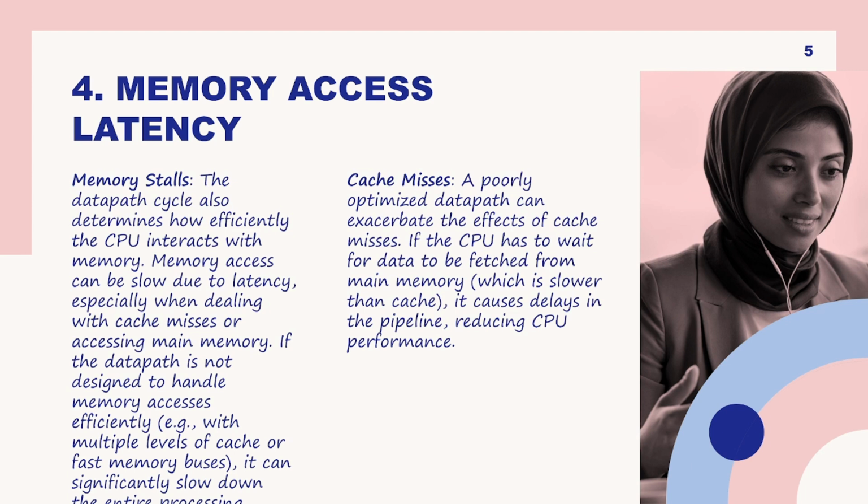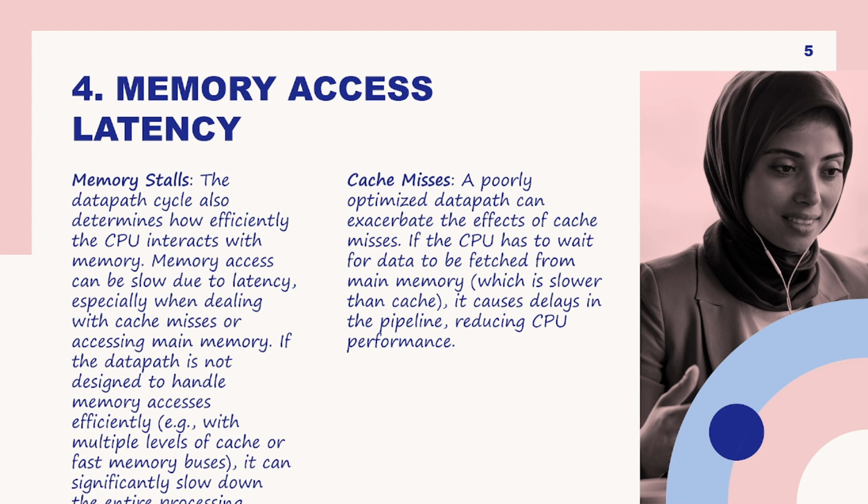And then we come to memory access latency. We have memory store. The data path cycle also determines how efficiently the CPU interacts with memory. Memory access can also be slow due to latency, especially when dealing with cache misses and accessing main memory.